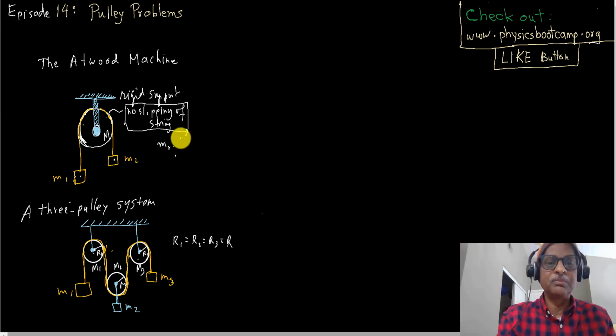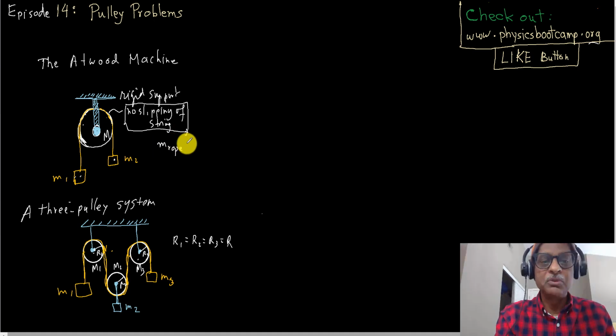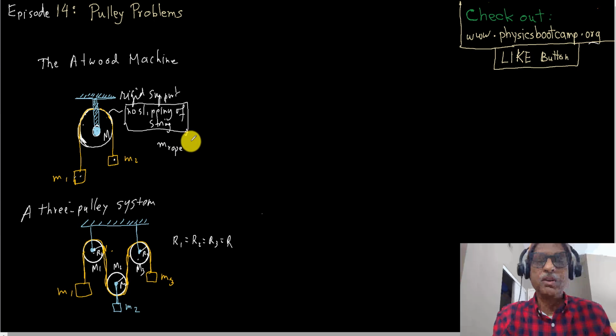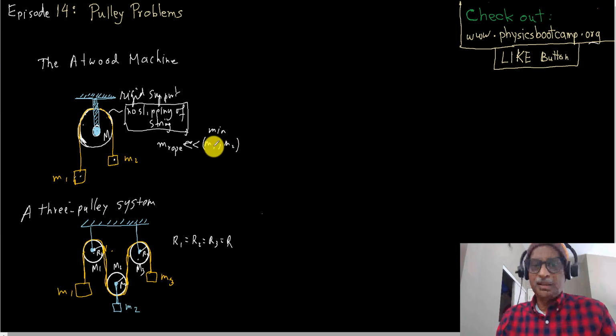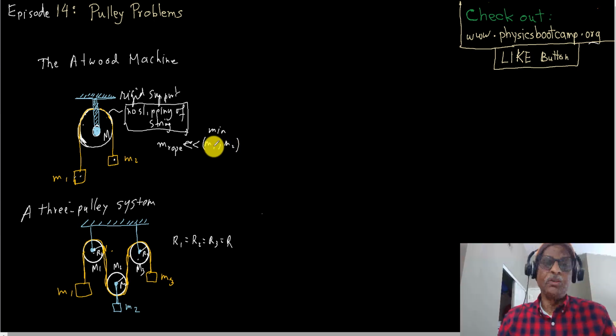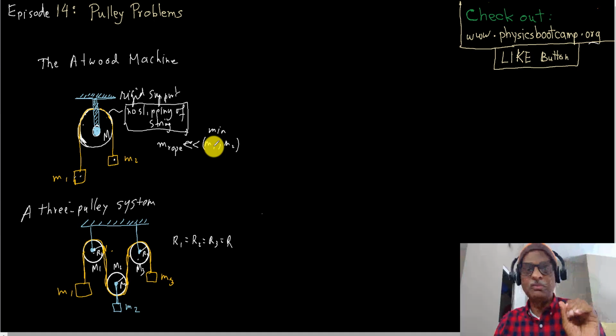At least for the sake of simplifying this, in a future video we will say what happens if the rope is not massless. We're going to assume it is much less than the minimum of M1, M2, so we can ignore the mass of the rope.